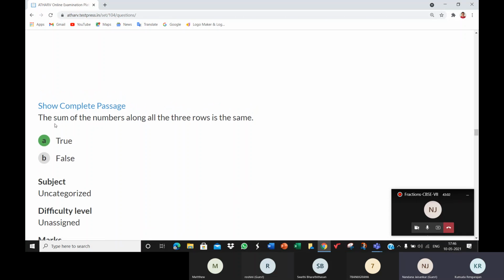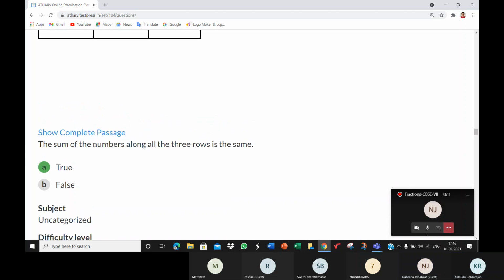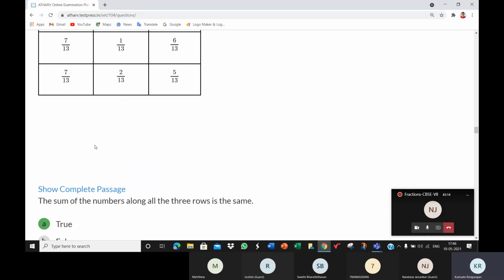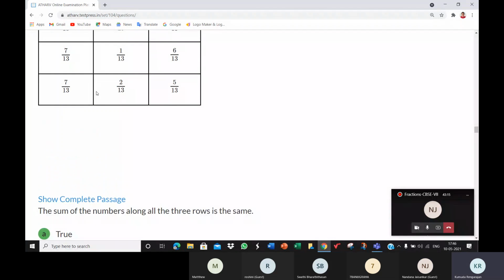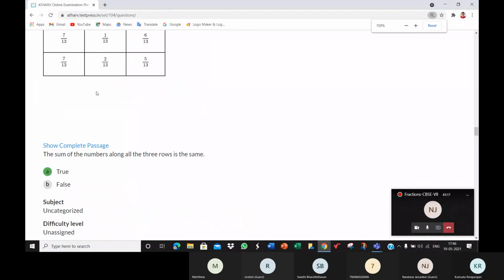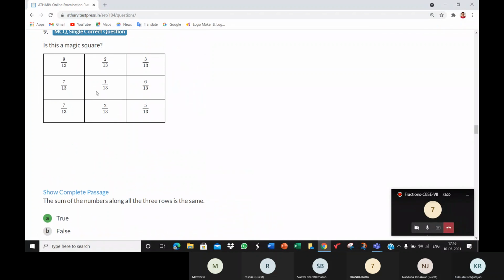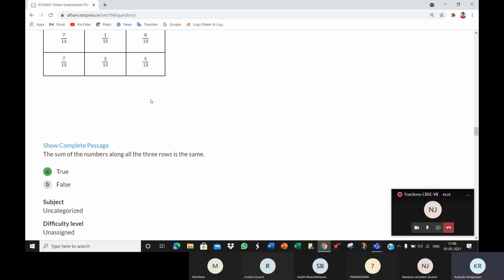Now let's answer the questions. The sum of the numbers along all the three rows is the same. True. Everywhere it was 14 by 13 along the rows. Along the three rows, the sum was the same, so that is true.